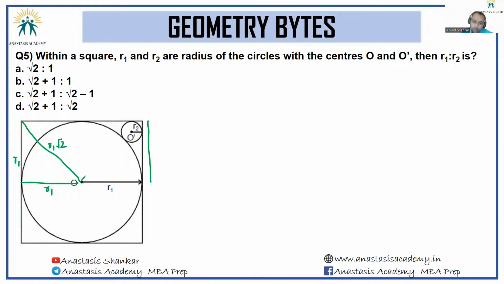And now when you do the same thing here. This is R1, this is R2, and now for this smaller space, this length here should be R2 root 2. So basically you have R1 root 2 is equal to R1 plus R2 plus R2 root 2.